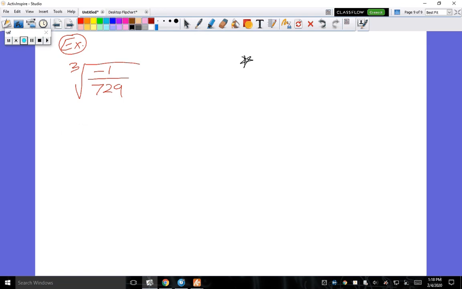And one of the rules, and you can put rule if you want, is that when you have the square root of a fraction, let's say m over n, could be something over something else, it's equivalent as if you were to break it up.